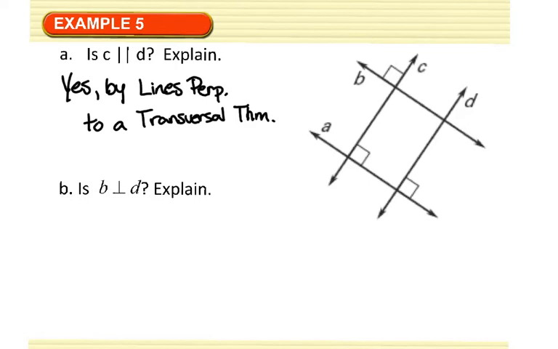Okay, now the next one is, is B perpendicular to D? Well, let's look at this. We know from part A that C is parallel to D, and we also know that C and B are perpendicular.